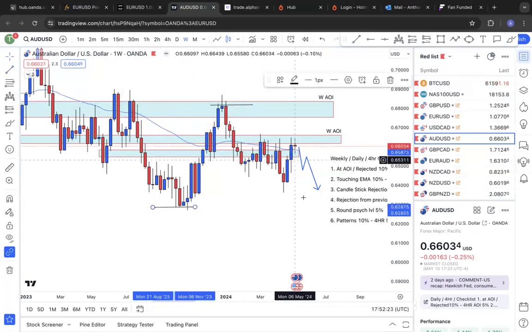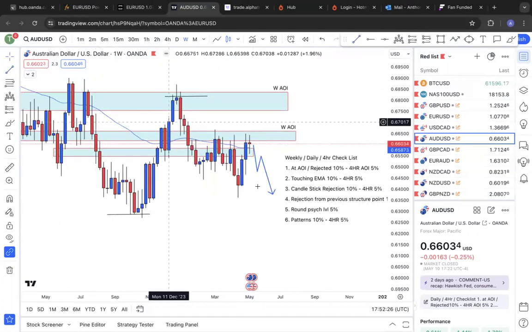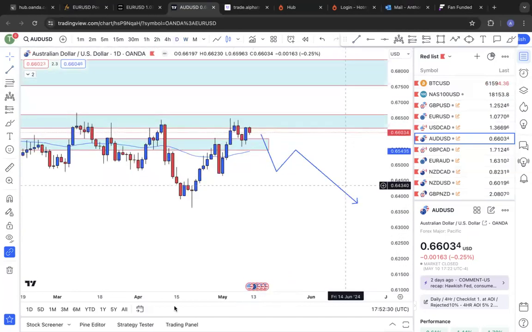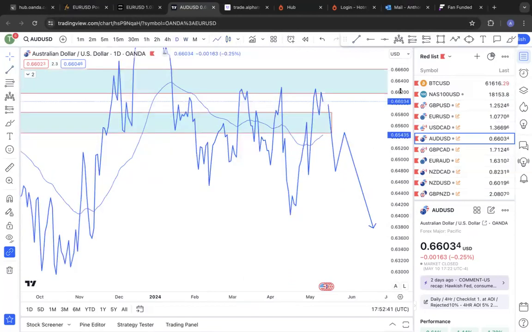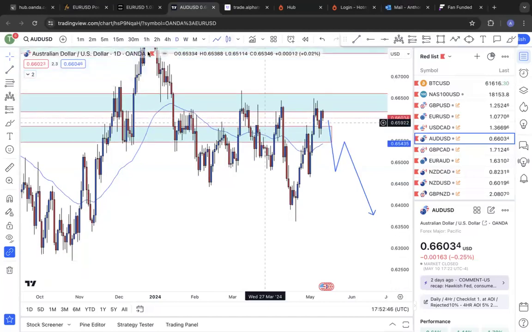This is bearish, excuse me. Daily: bearish. Just barely though. Yeah, just barely bearish. I almost had to shift the structure there.